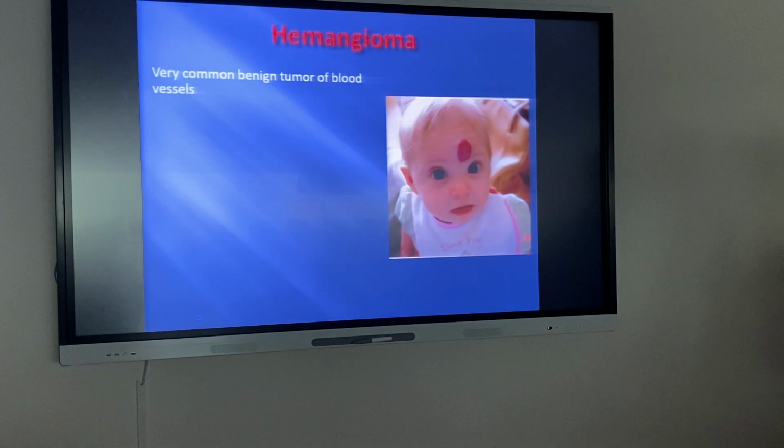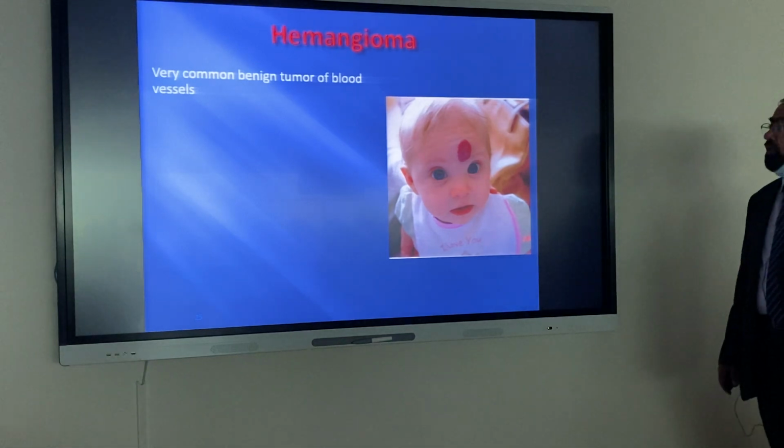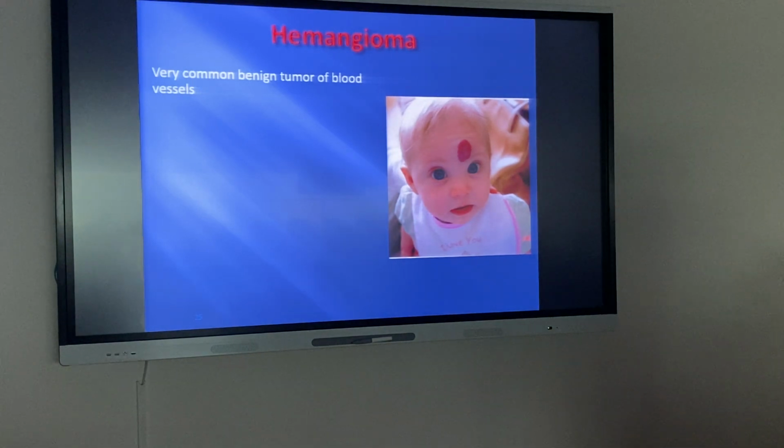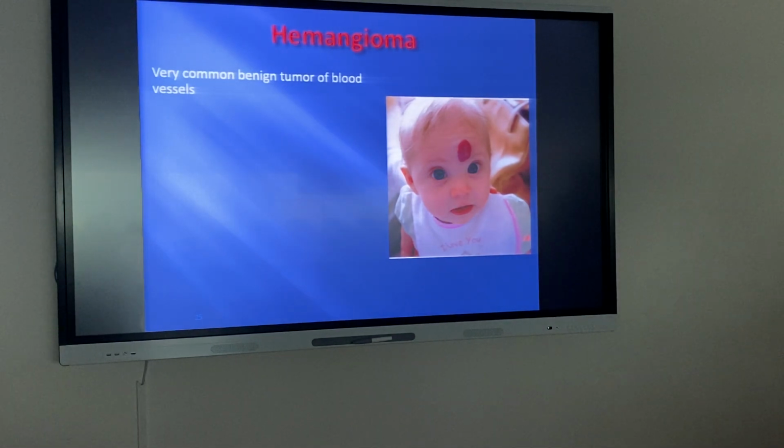Okay. Hemangiomas are a very common vascular tumor, a benign tumor. Remember, hemangiomas are the only benign tumor which does not have a capsule. How do you differentiate benign and malignant?